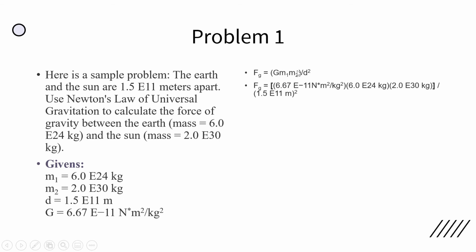We have mass number 2, 2.0 e30 kilograms, and make sure to add everything in parentheses. All of this should be in parentheses. And we are going to divide all of that by the distance squared. The distance will be 1.5 e11 meters squared, of course.